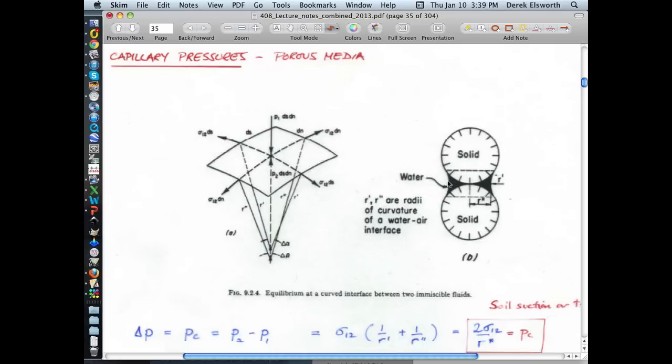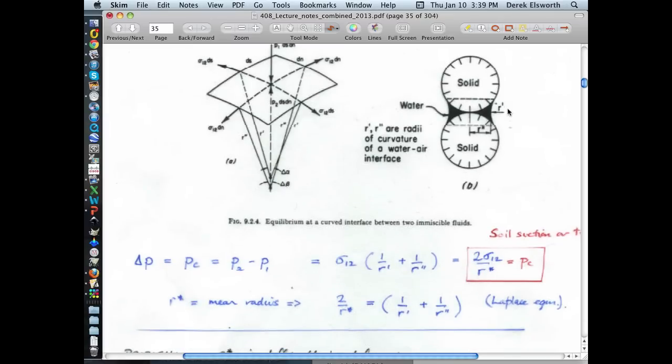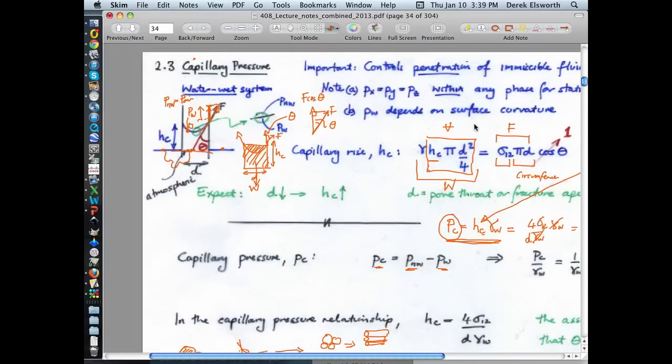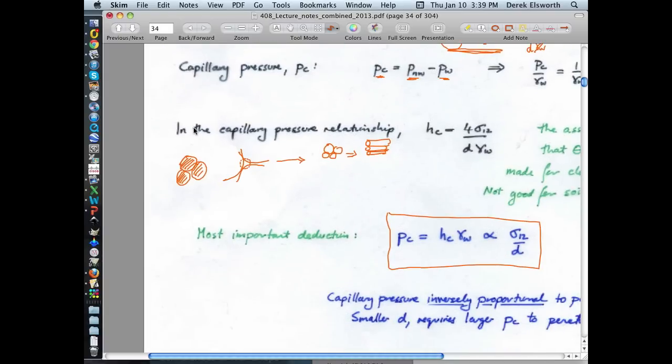And it turns out that you can do an analysis very similar to what we did in terms of looking at the difference between the fluid pressure between the air that sits here and the fluid pressure in the wetting fluid that sits here, and calculate what that difference is in exactly the same way that we talked about the difference as you go across this barrier, this boundary.